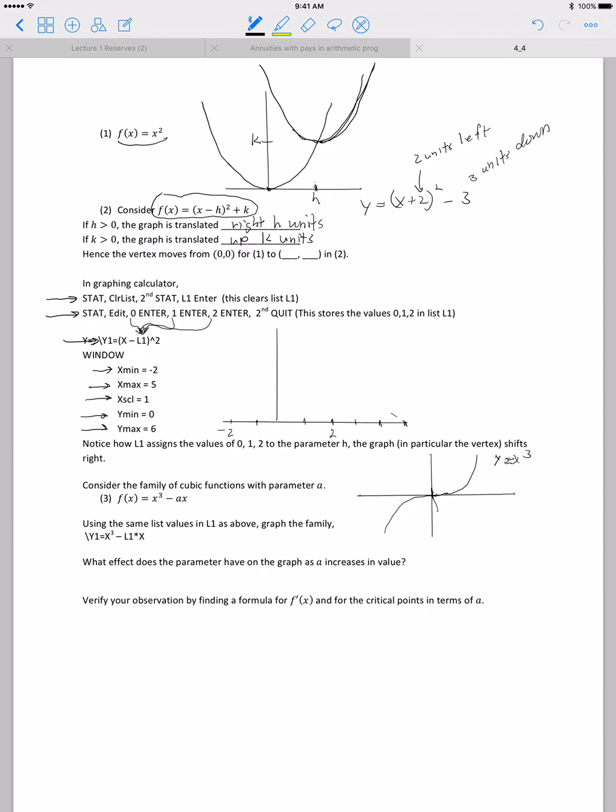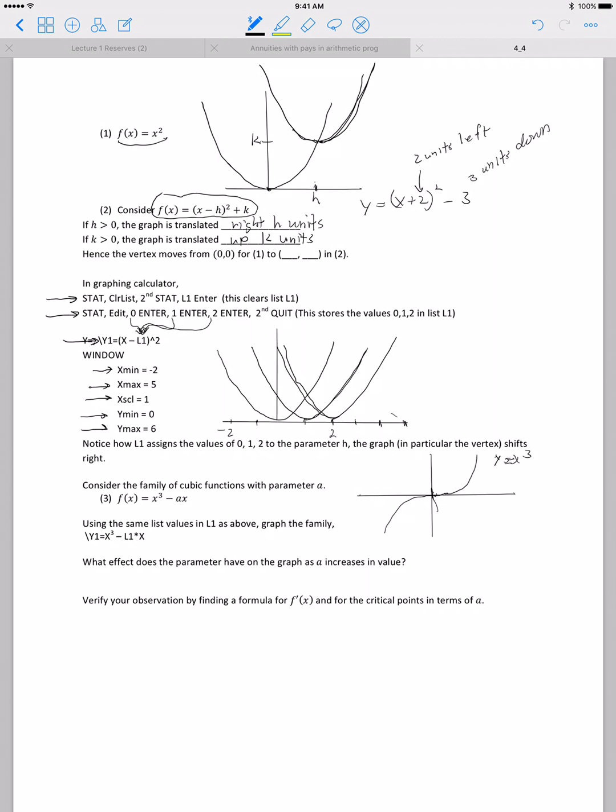And then when you've come back to the video, go ahead and select graph and graph this family of functions. So what you'll find is you'll see it graph first the standard parabola x squared. Next, it will graph the parabola (x minus 1) squared, which just translates the standard parabola 1 unit to the right. And finally, it will graph y equal to (x minus 2) squared.